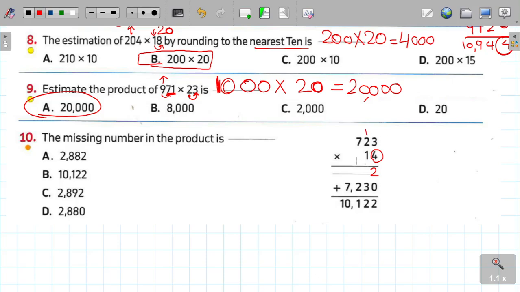And 8 plus 1 is 9. And 4 by 7 is 28. So I have 8 and 2. So the missing number will be 2892. So I think it will be C. Okay.